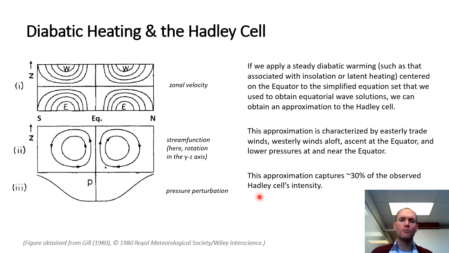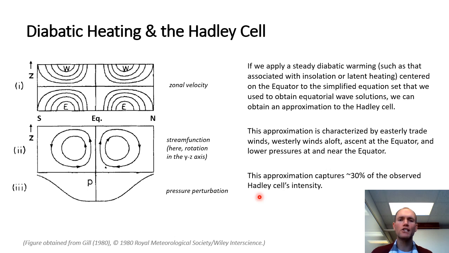And so to get a better depiction of the Hadley cell circulation, we need to take into account the fact that the heating may not take place just right at the equator, but rather may take place off of the equator in some form, and it can also change intensity. As we get later on in the semester, we'll be able to show how taking that into account leads to a stronger Hadley circulation that more closely resembles what we actually see within the atmosphere.